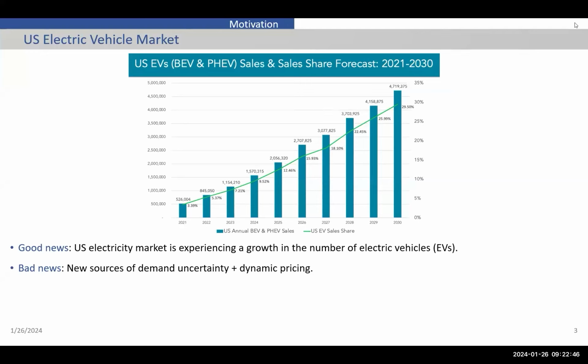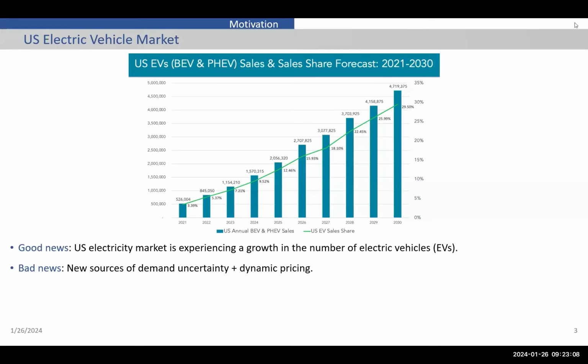So the good news these days is the number of the EVs in the power system area is going to increase. So in the US, people will see this trend that by 2030 the number of the EVs is going to increase. And this is good news because the EV is clean and it's going to be cheaper in the future.